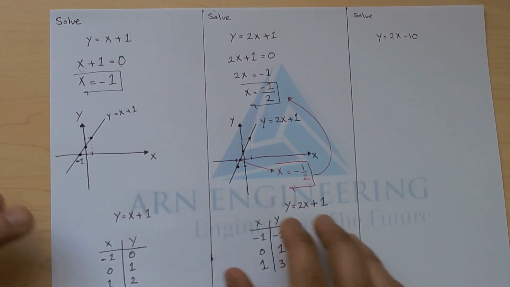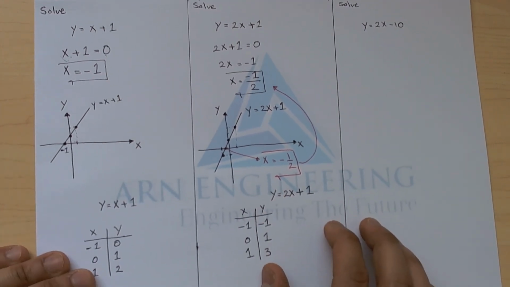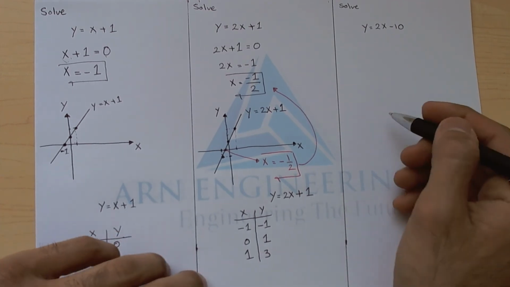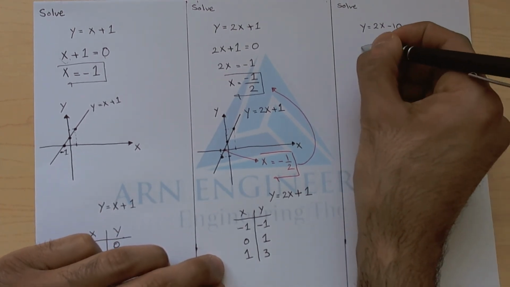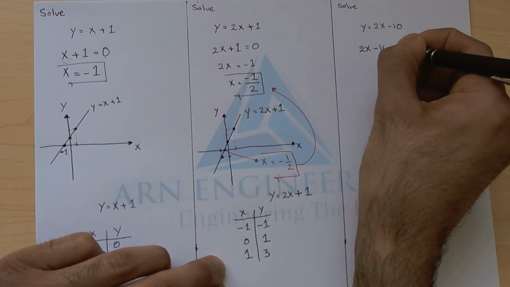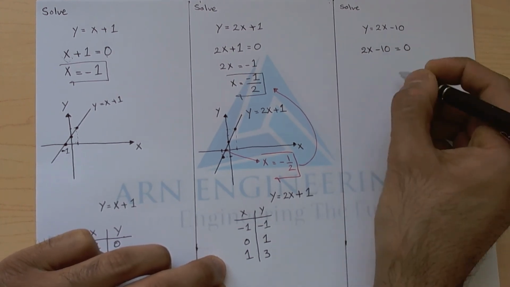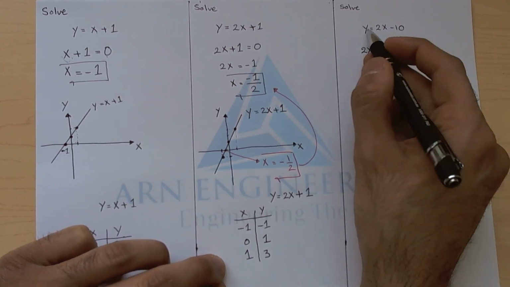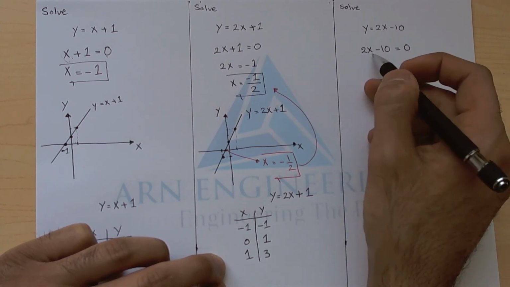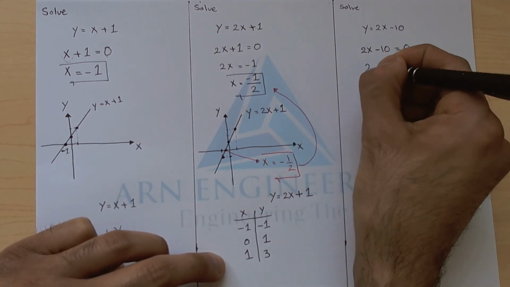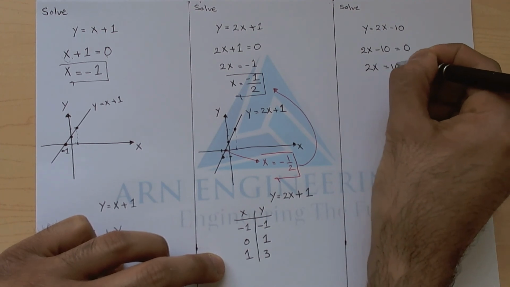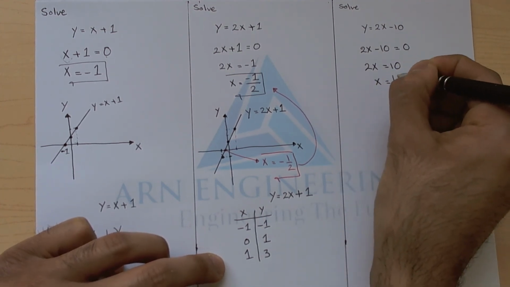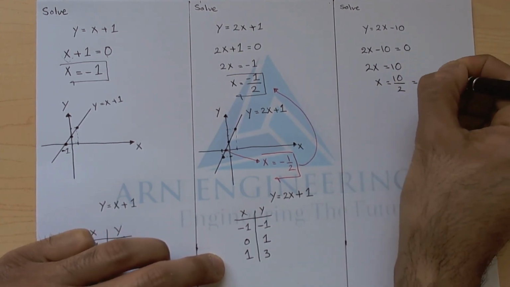Alright, similarly, let's do the last example. So we'll do the same thing again. 2x minus 10 equals 0. We are assigning a value of 0 to y to find the corresponding x value. 2x is equal to 10 and x is equal to 10 divided by 2, which is 5.